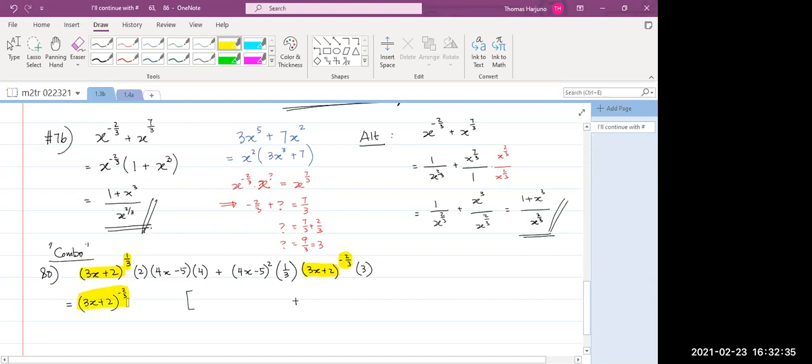Because the power of negative 2/3 already comes out. But what happened to this one here? That will be 3x plus 2 to the power of 1. Why to the power of 1? Negative 2/3 plus what equals 1/3? 1/3 plus 2/3 is 3/3, which is 1.